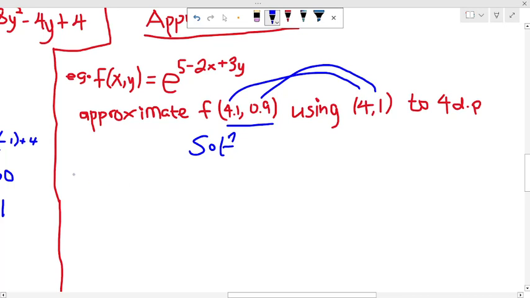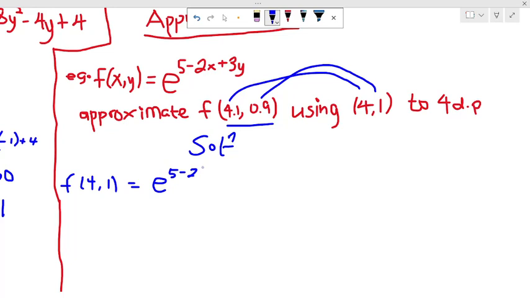So we are first going to evaluate the function at our point 4, 1. Simple as that. Now we have e to the power 5 minus 2 times x, and our x is 4, plus our 3 times 1.